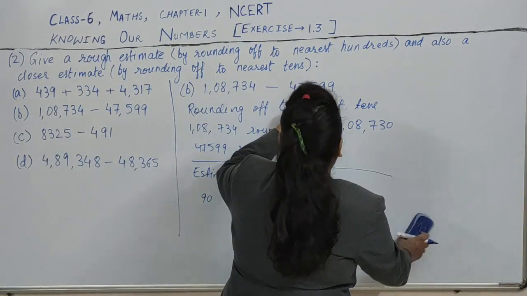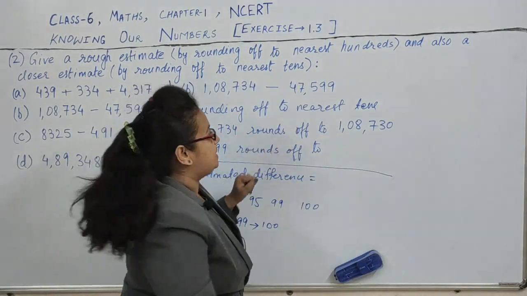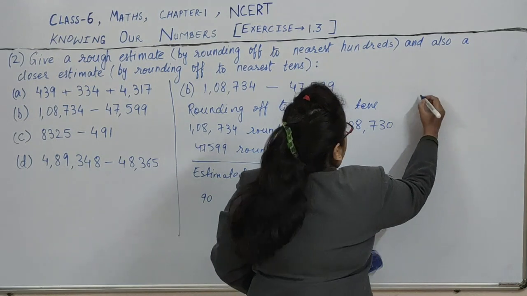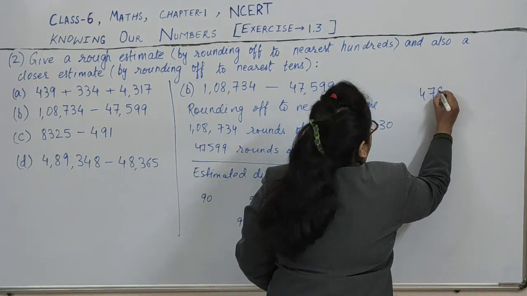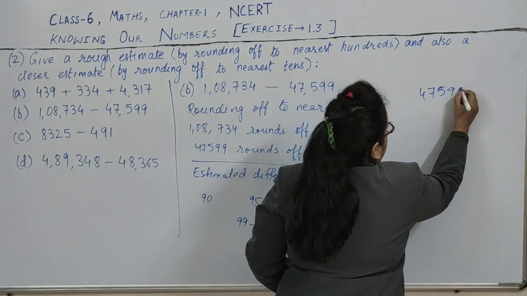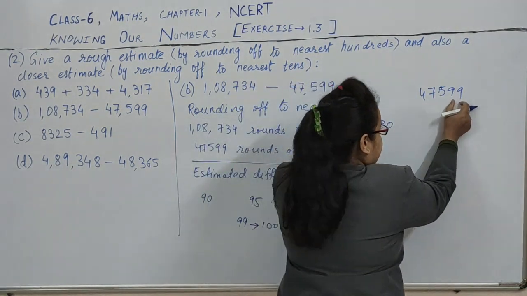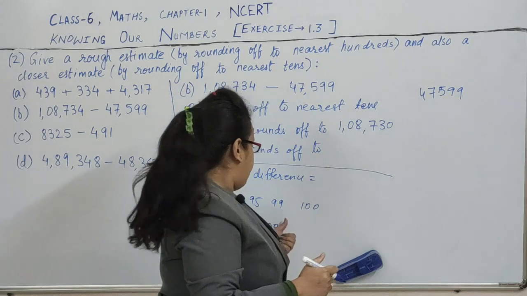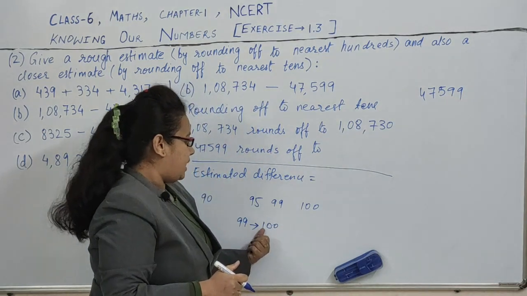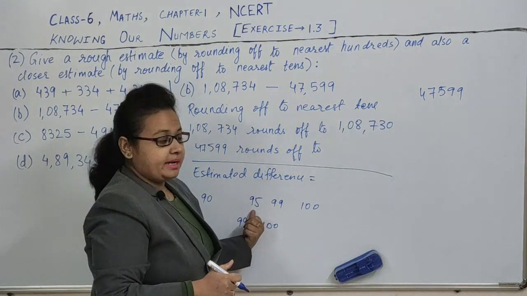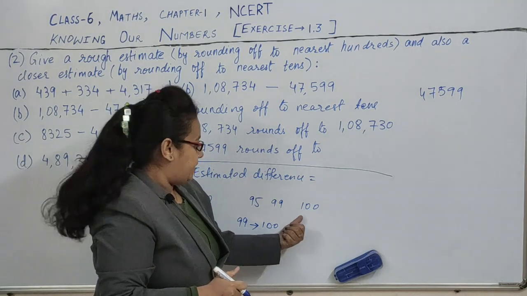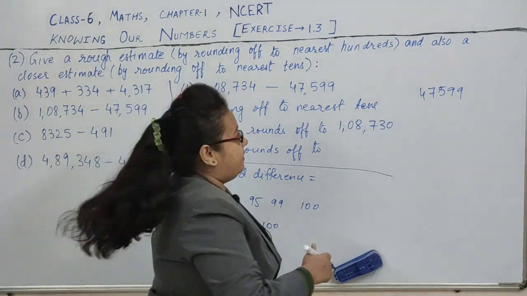So how to round off this number now? This is 47599. And this 99 is rounded off to 100 because it is closer to 100. It is bigger than the middle number, so it is rounded off to 100.